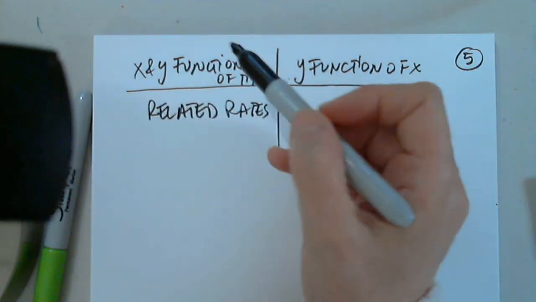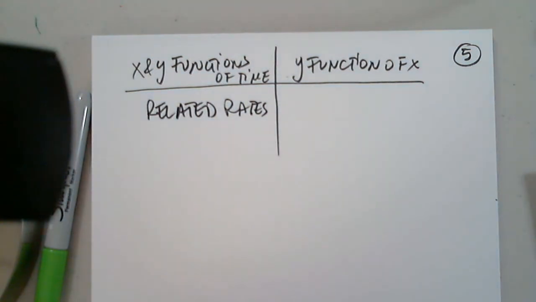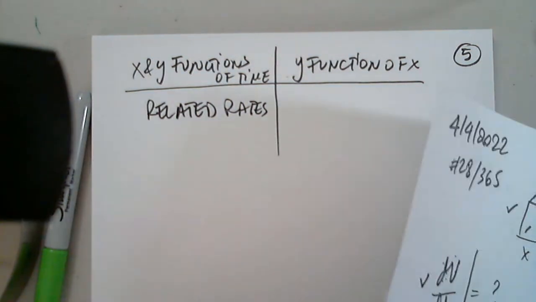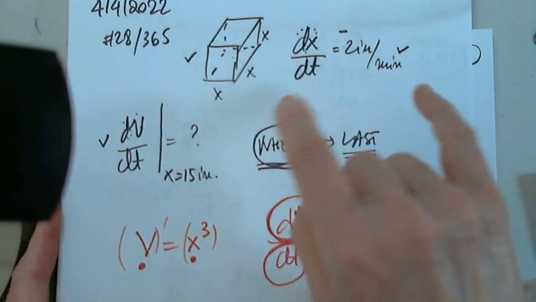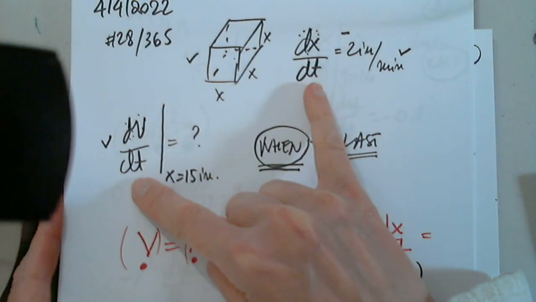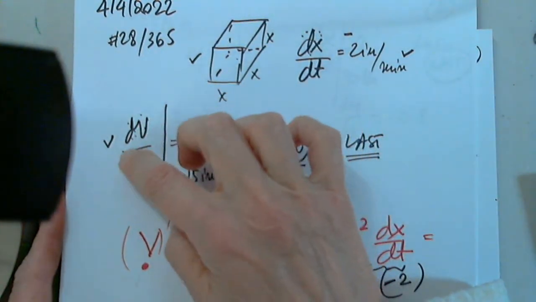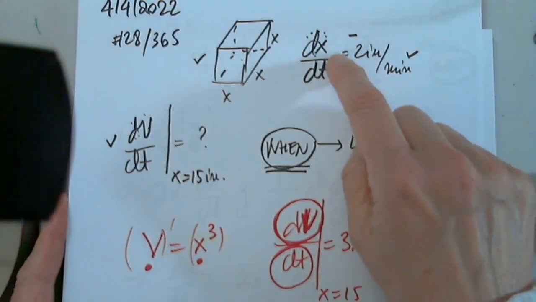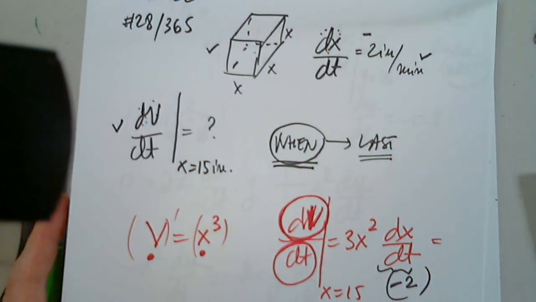in which x and y are both functions of time. So what we had before, at the beginning of the class, see, this is the y, and this is the x. Both of them are functions of time. In this case, it was v, but it could have been y, dy over dt and dx over dt, and they are involved in an equation.